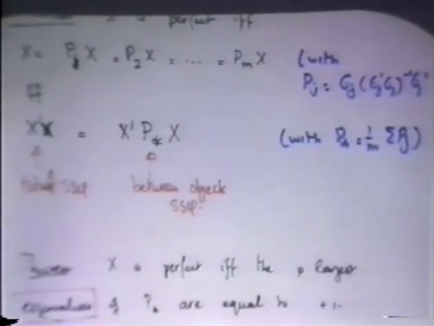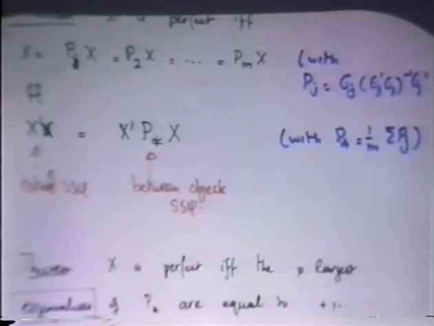So, first formulated in terms of indicator matrices, then formulated in terms of matrix relationships, and now formulated in terms of eigenvalues of certain matrices that can easily be computed and that can easily be interpreted.